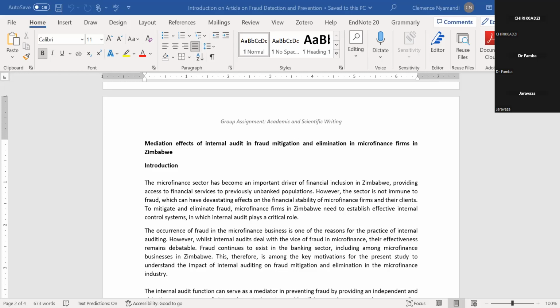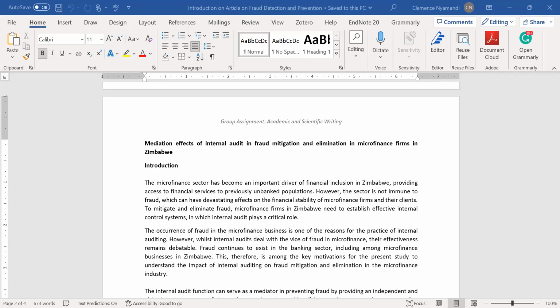Yes, you see what I'm reading from their development is that where they talk of the microfinance sector, this is a bit of a broad statement focusing on the sector. But now within the sector, they pick internal auditing and fraud mitigation. So that is what they are now doing.